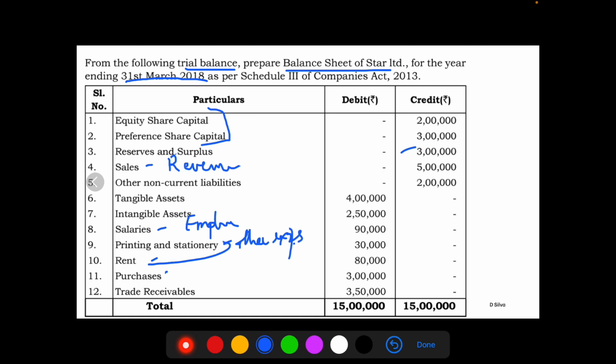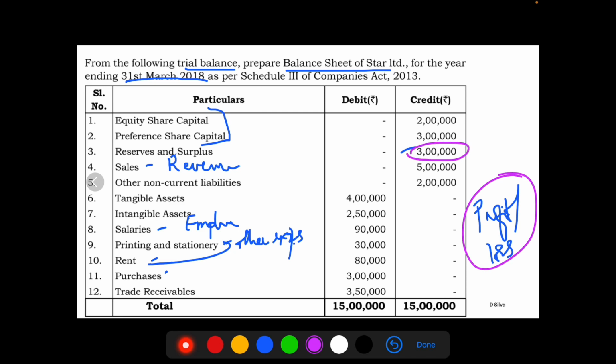So taking all these items, we will find out from the statement of profit and loss, are we going to get profit or loss? Whatever we get, the profit or the loss will be deducted from the reserves and surplus.